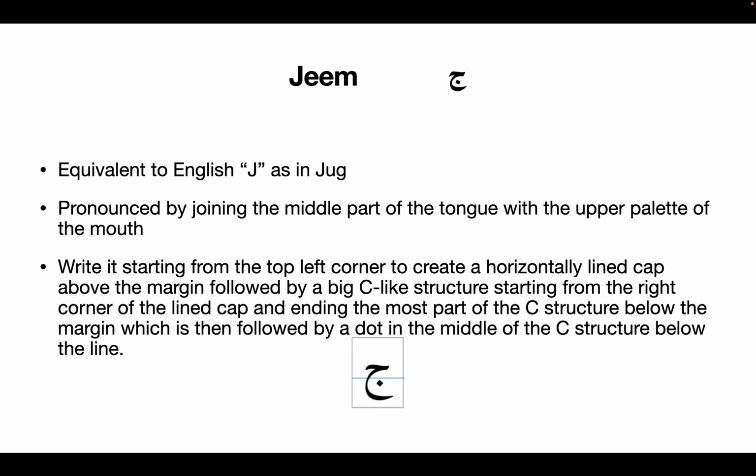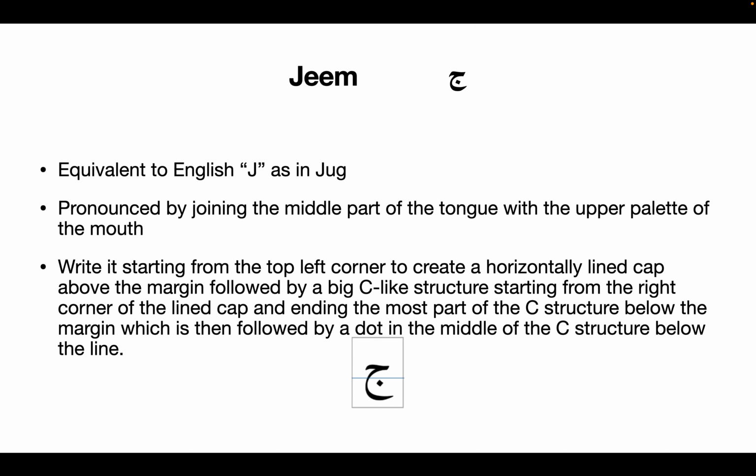We create a parallel line just above the margin, as shown in the figure. We draw a straight line from left to right, followed by a big C-like structure that ends a little above the margin and has more of its part below the margin.